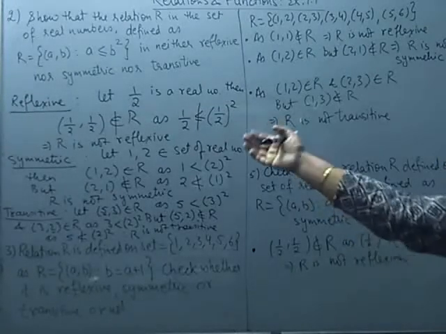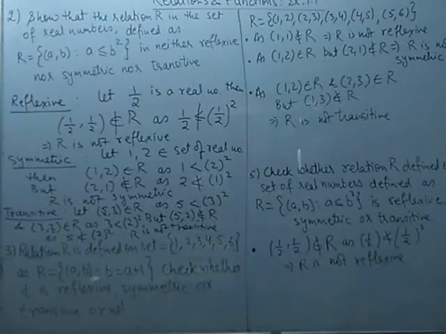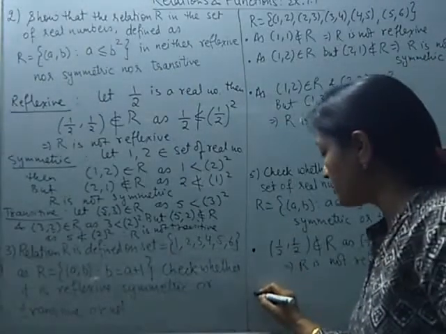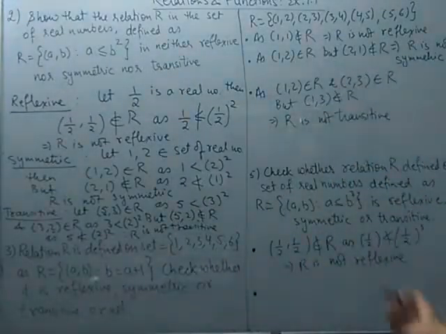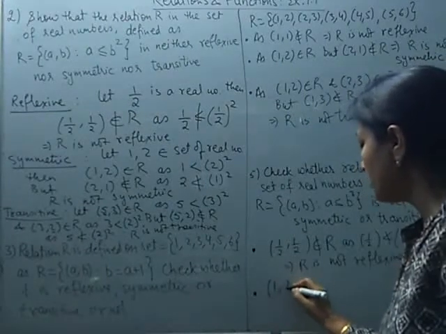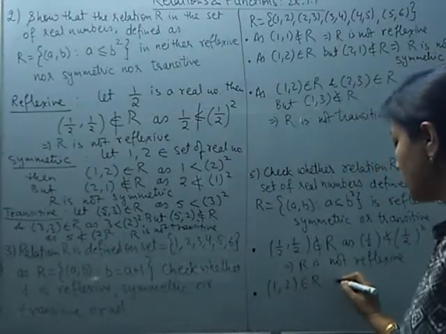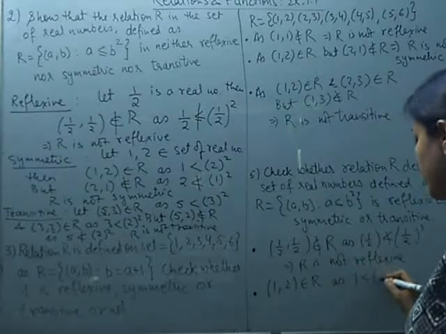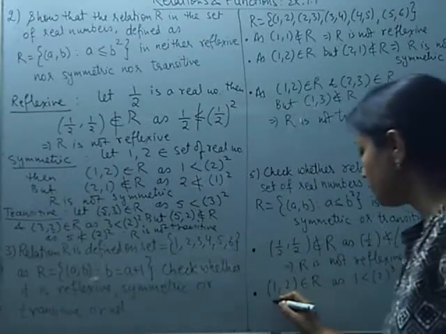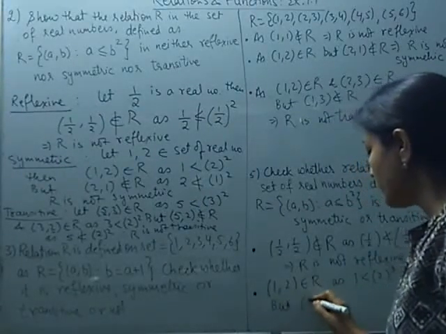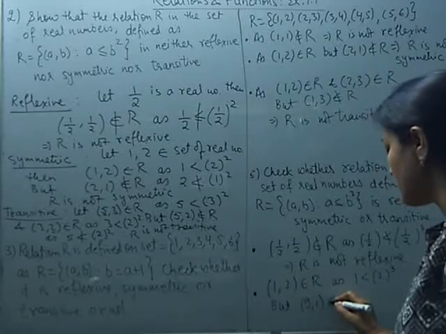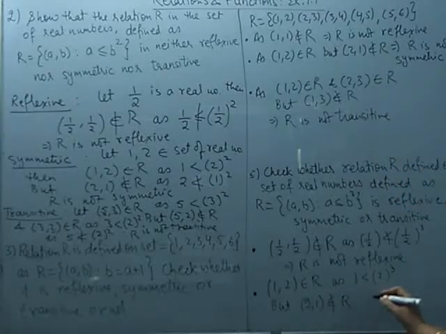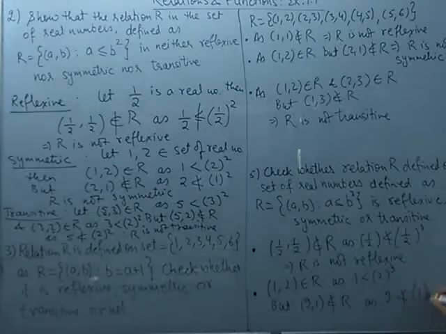And you will see the same example is applicable to this condition also. We can write 1 comma 1 by 2 belongs to R, as 1 is strictly less than the cube of 2, but 2 comma 1 does not belong to R, because 2 is not less than the cube of 1.